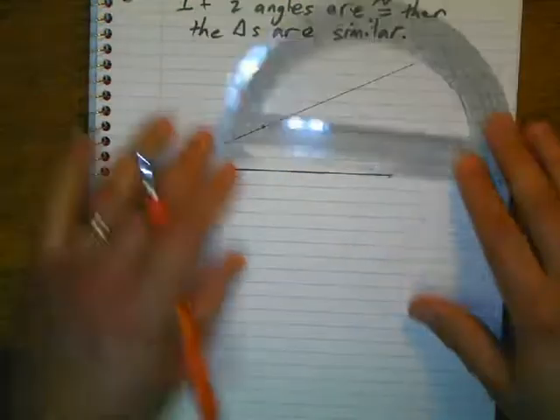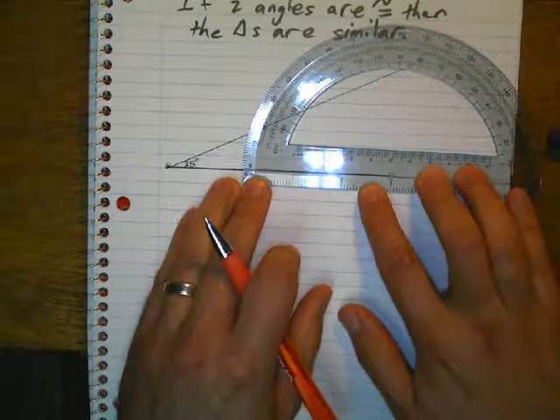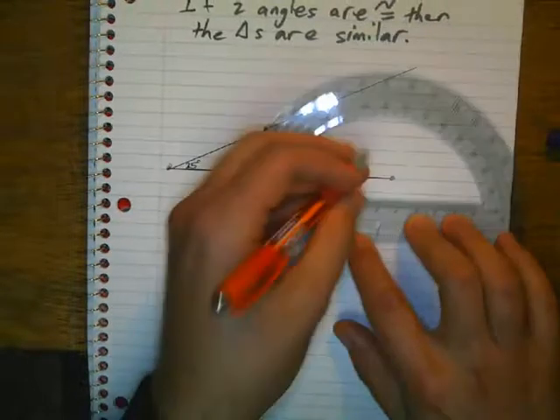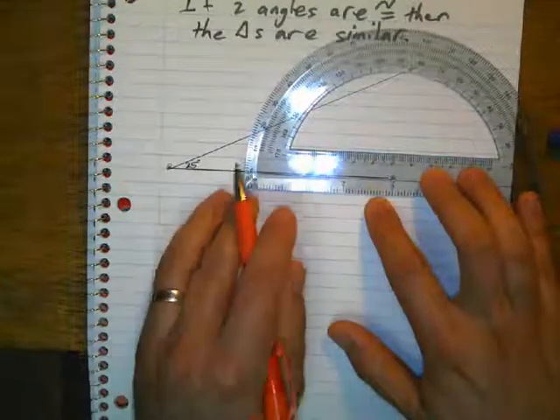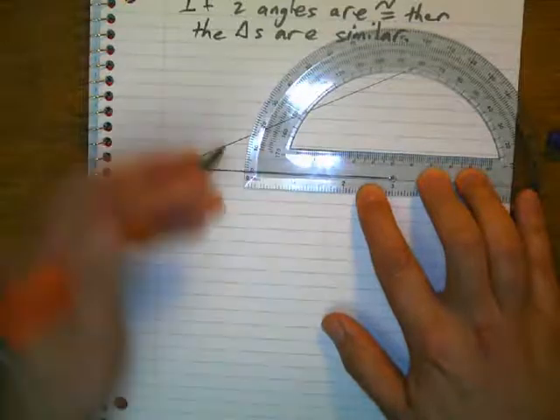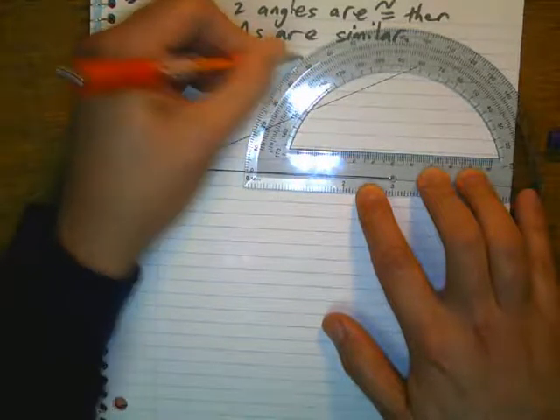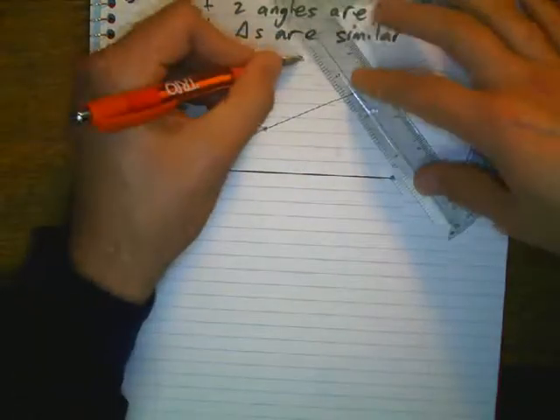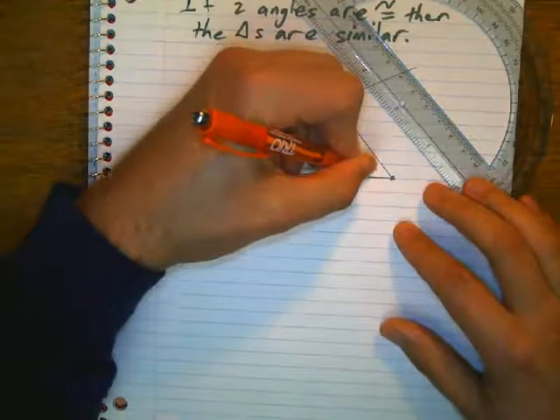Okay, now let's make another angle here. At this dot here, I'm going to line up this line there, and let's make this, I don't know, 50 degrees. So I see the 50 here, I'm putting a dot, and then I'm going to connect to this. And so that's 50 degrees.